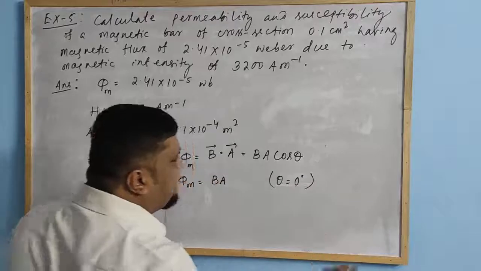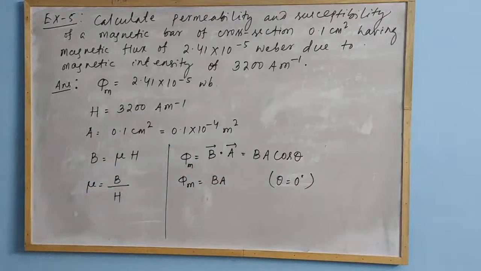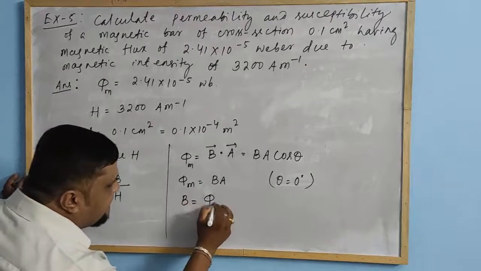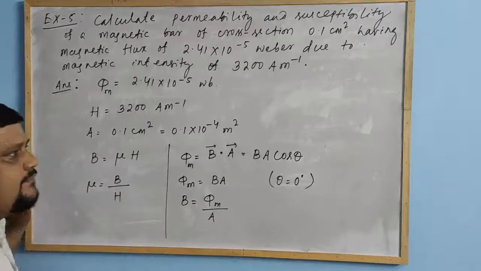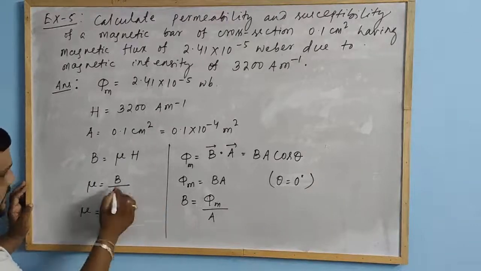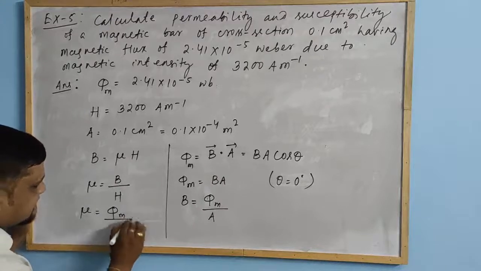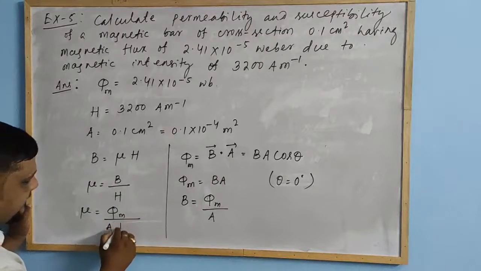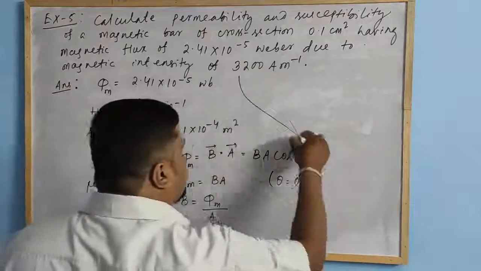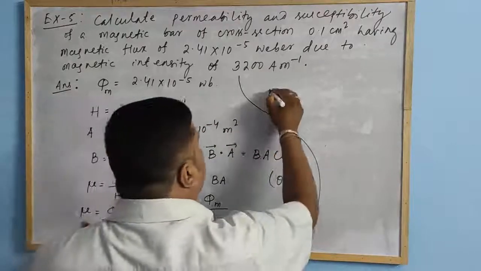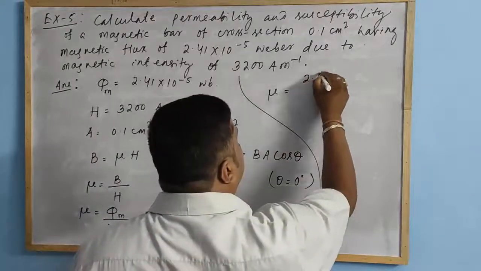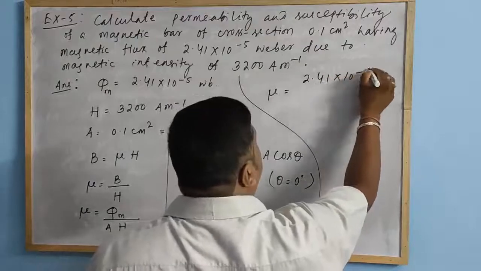Obviously, if it is not given, theta is equal to 0, and cos 0 is 1, so phi m is equal to BA. So B is phi m by A. Put here mu is equal to, in place of B, flux by area, divided by H. Already everything is given. So if you put all these things, what will you get here? Mu is equal to magnetic flux 2.41 into 10 to the power minus 5 Weber.